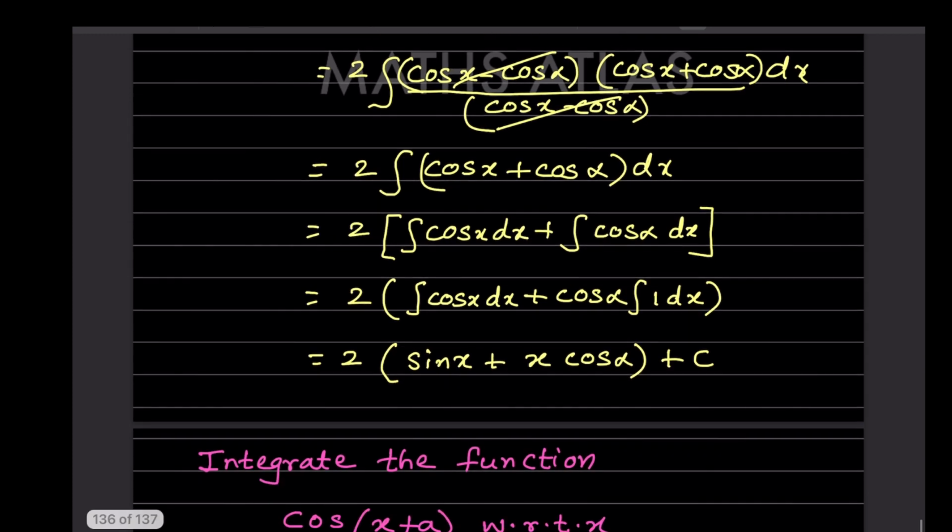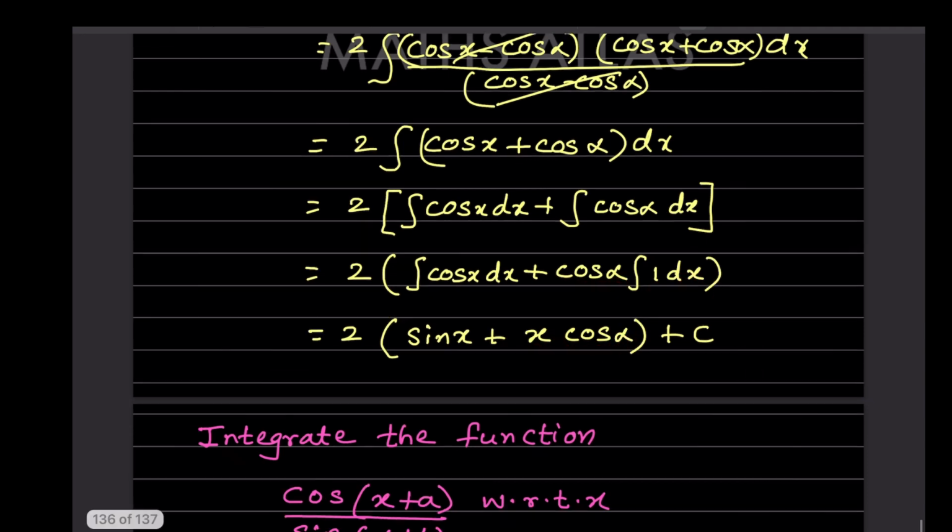So now we can see here, that is 2 integration of cos x is sin x, and this cos alpha is same here, but here integration of 1 dx is x. So you can also write cos alpha x or x cos alpha, both are the same, plus c. So this is the answer.